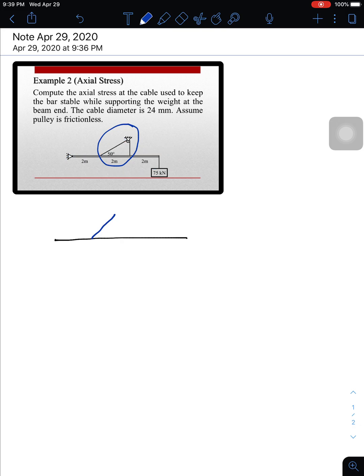So that's the concept of cables. For cables, always remember that the force points away from the system. So I'll call this tension T.